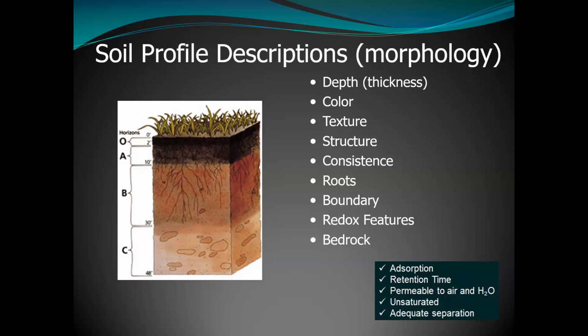Any change in that will basically describe a new soil horizon. So we'll break those out and describe those. Again, our profile descriptions: depth, color, texture, structure, consistence, roots, boundary, redox features. And if we encounter bedrock, we describe that also.